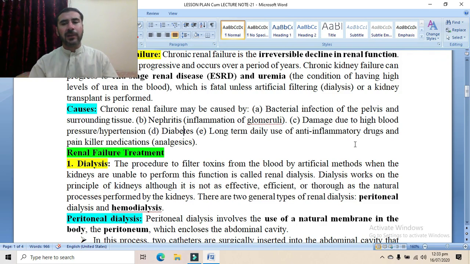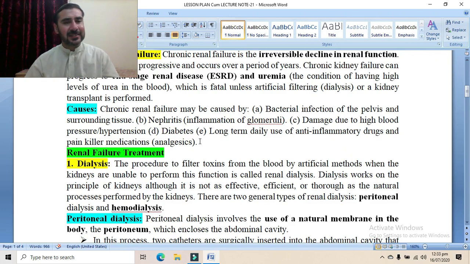Long-term daily use of anti-inflammatory drugs and painkillers, medications which are known as analgesics, these all can cause chronic renal failure. And this is the first part of this lecture.